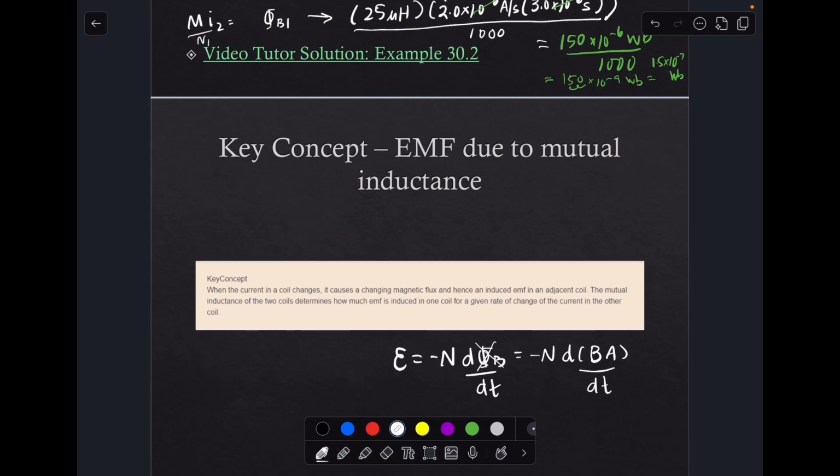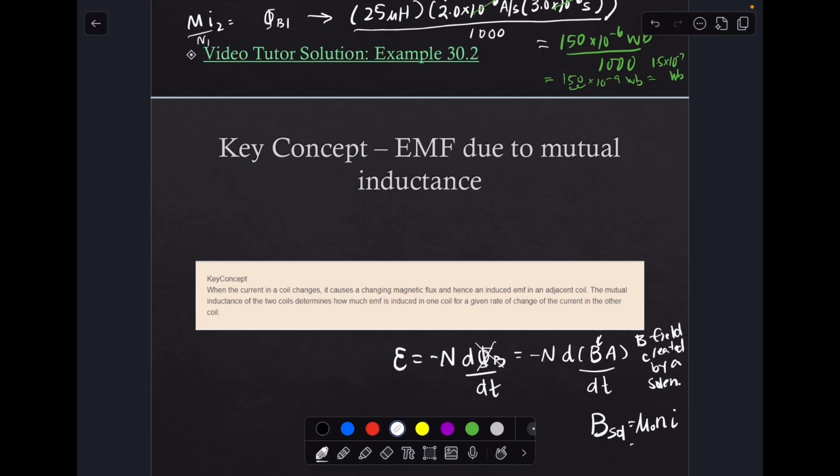We're still doing Faraday's law, but we're making a substitution for B in flux, where B is the B field created by a solenoid, which is mu naught little n I. Let's do little i because it changes with time, right?